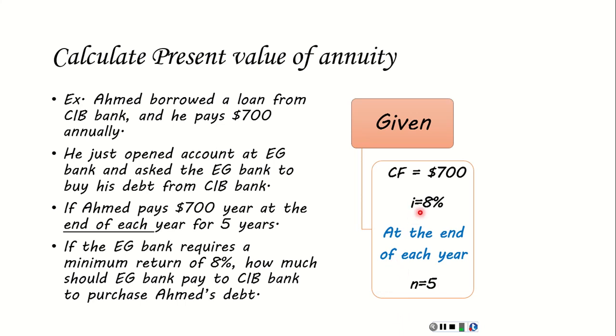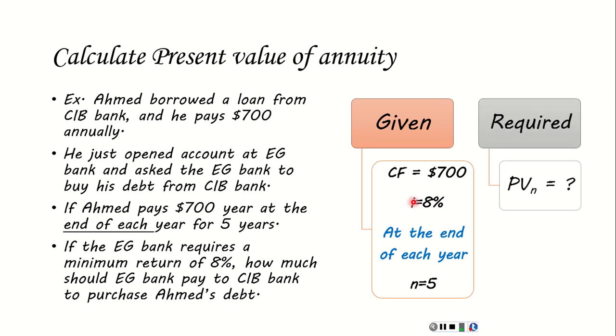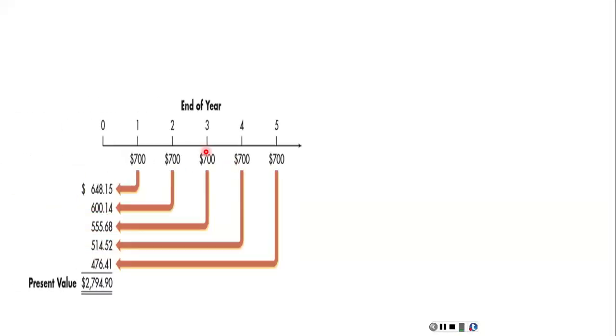If each bank requires an interest rate of 8% on the amount each bank will pay today, they are required to find the present value of an ordinary annuity. By the definition of ordinary annuity, the amount will be paid by Mr. Ahmed at the end of each period. All of you know any timeline depicts periods at the end of each period.